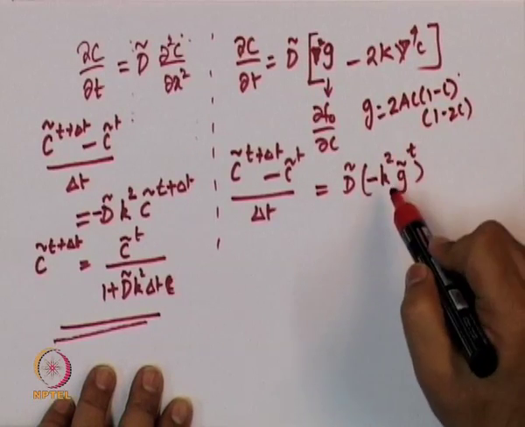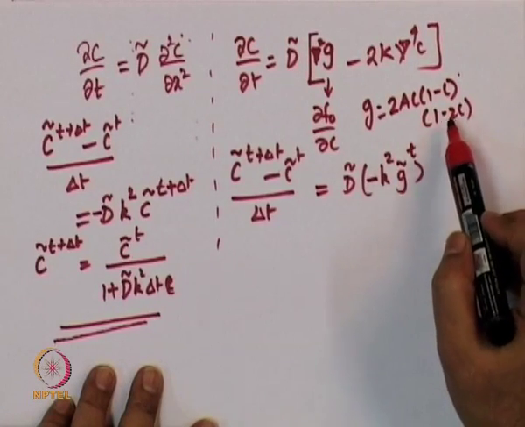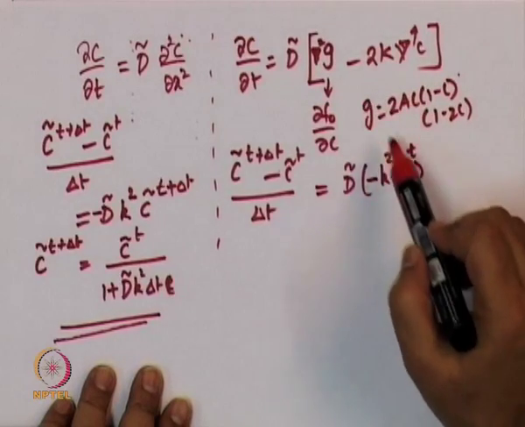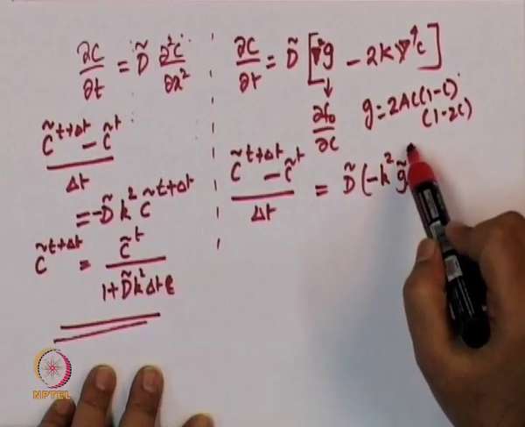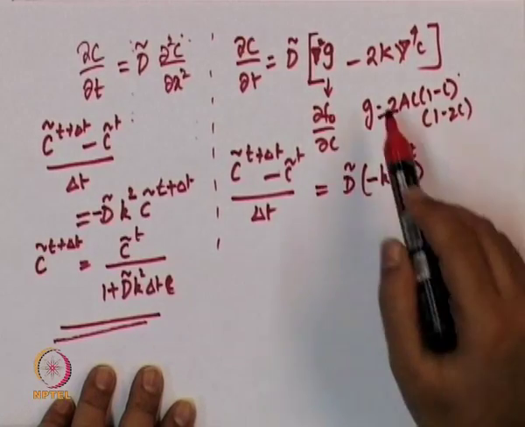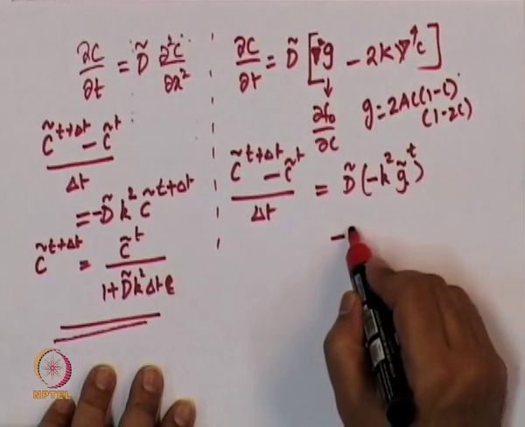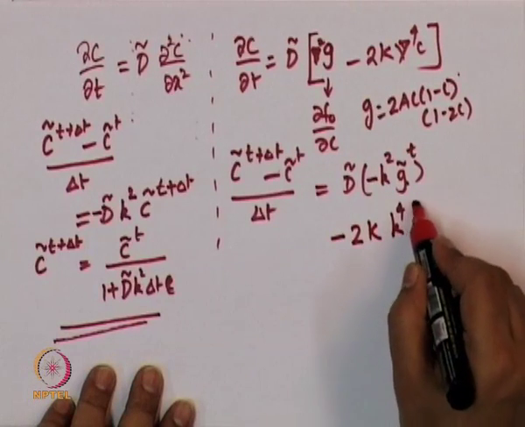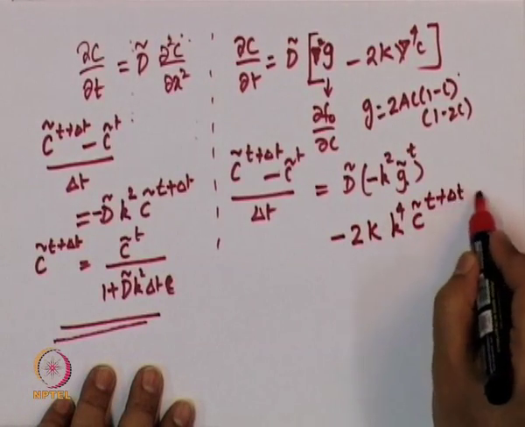Okay. So, that is the reason why this has to be calculated in real space every time, and that quantity should be Fourier transformed. So, that can only be at time t. On the other hand, the other term minus 2 kappa k power 4 c tilde, this can be at time t plus delta t.